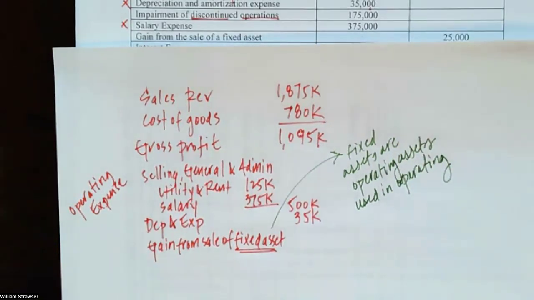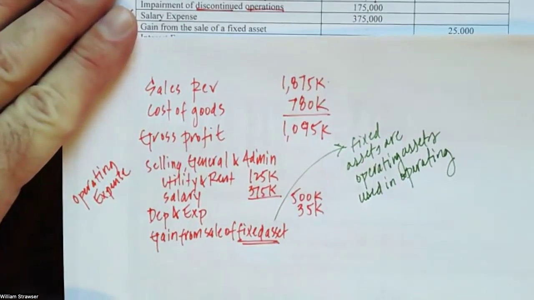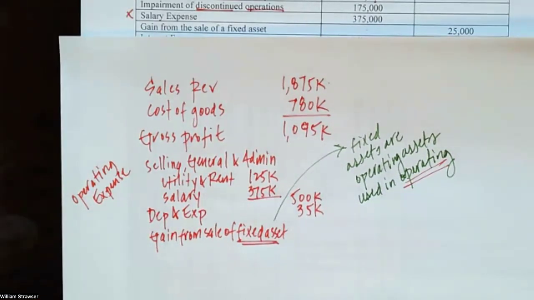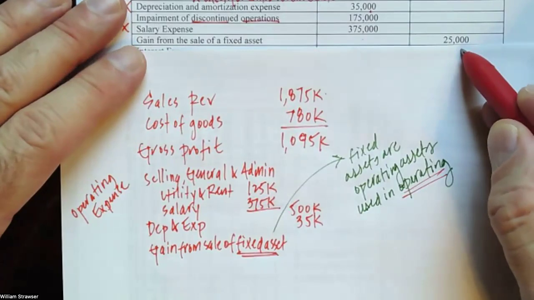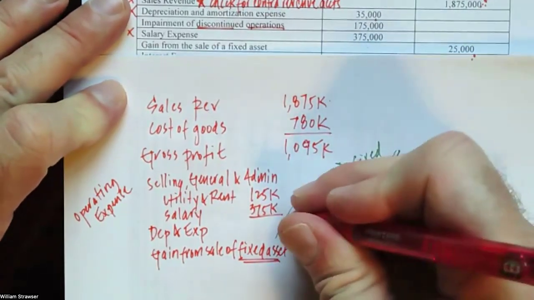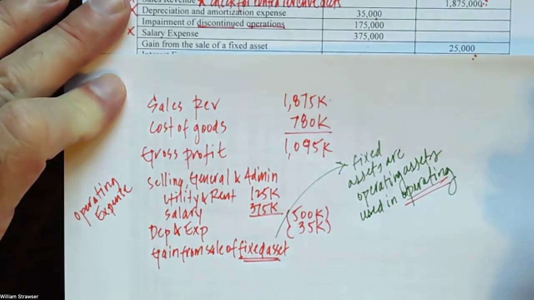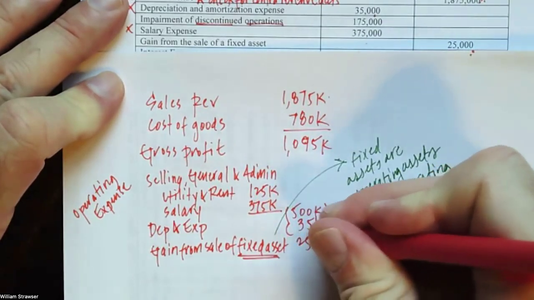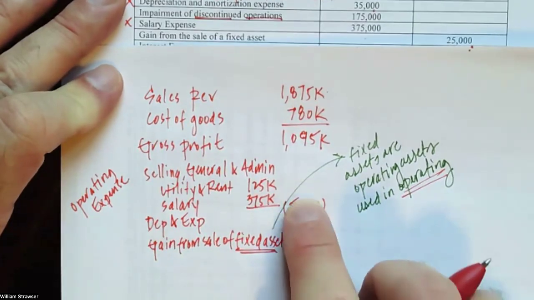And since they're used in the production of the company's sales revenue, they are considered an operating asset instead of an investment, which is clearly an investing activity of the company. So this is a gain, a positive amount, and I want to make sure that I recognize that by putting my expenses in parentheses, just to give myself that heads up when I'm calculating, so I don't make a silly mistake and subtract all of these when this is a gain versus expenses here.